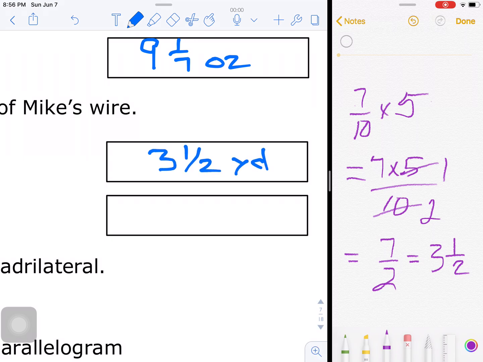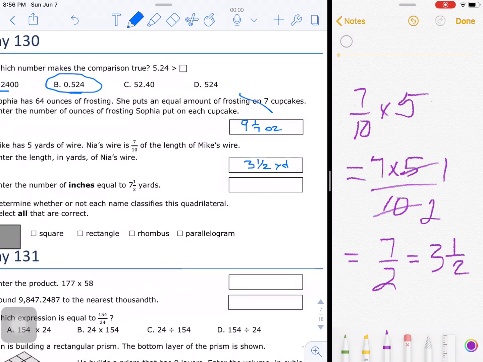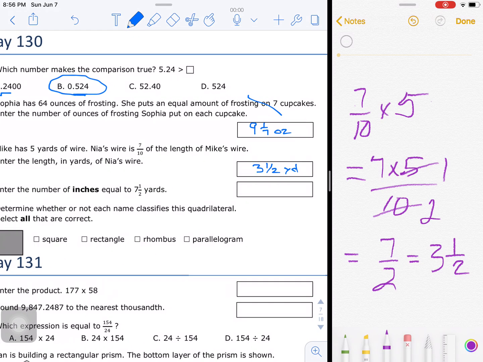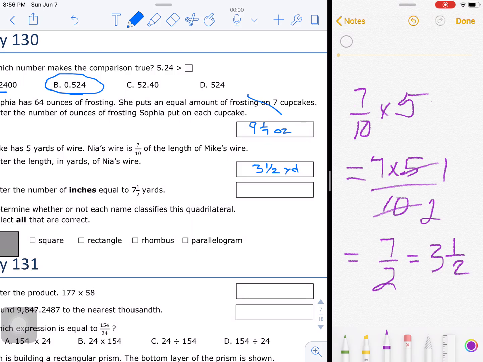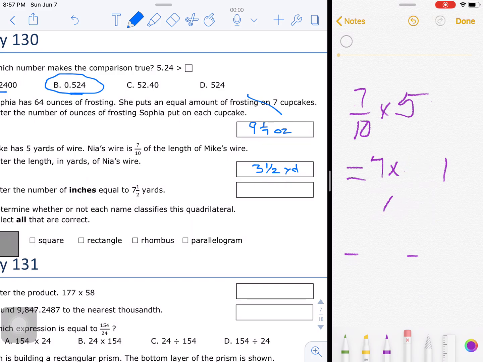And I want to do a little mental check here. What is half of 5? Well, half of 5, as you accurately know, is 2.5, right? Well, 1/2 is also 5/10, right?